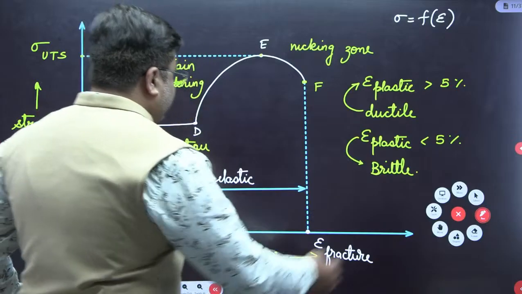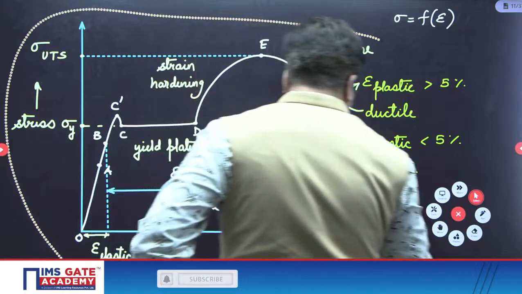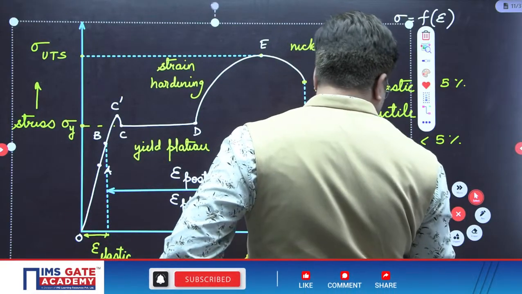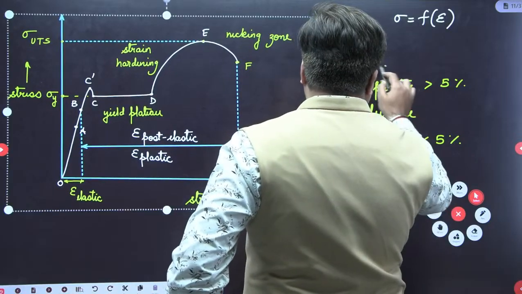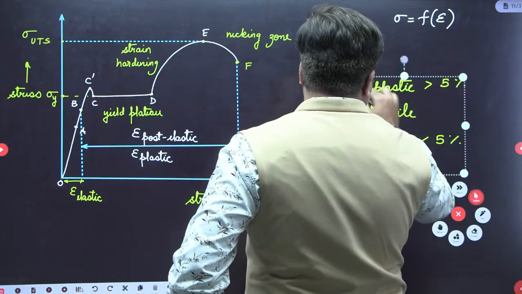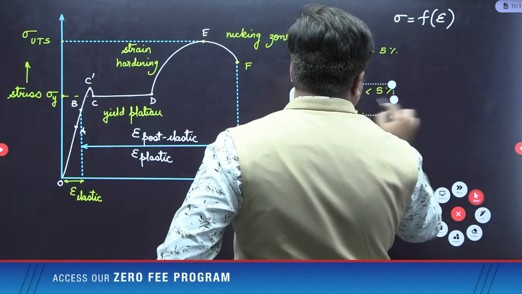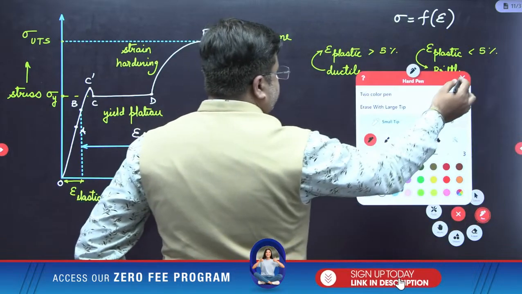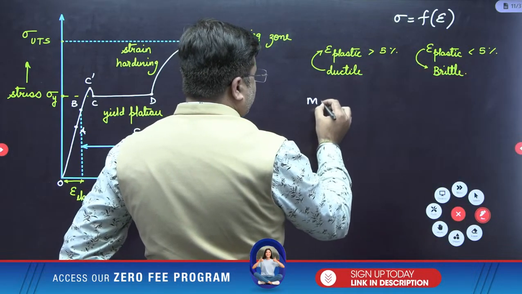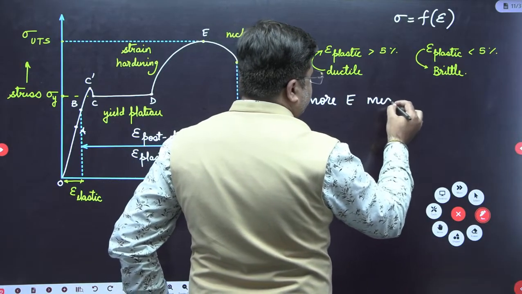So I'll just write here: material with more Young's modulus means more elastic.